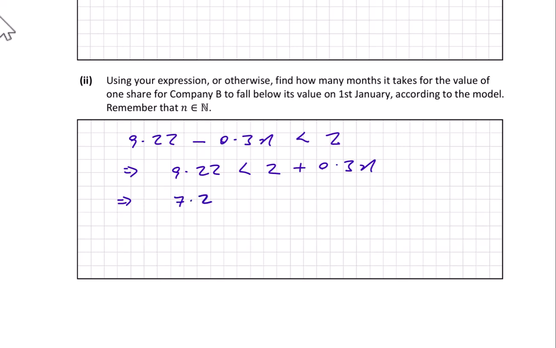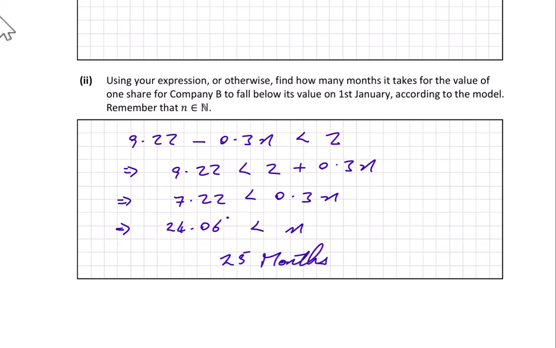That's 7.22 on the left hand side, and it's just 0.3n on the right hand side. Next I'm going to divide by 0.3 because the 0.3 is multiplied by the n. That'll get rid of it. I'll end up with 7.22 divided by 0.3, and that's 24.06 repeated. So our answer is 25 months.